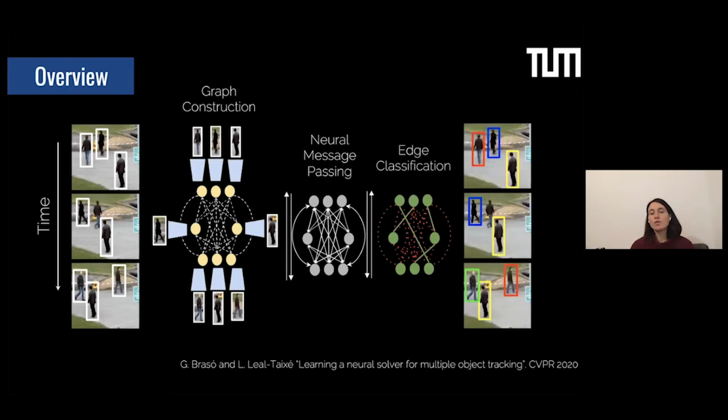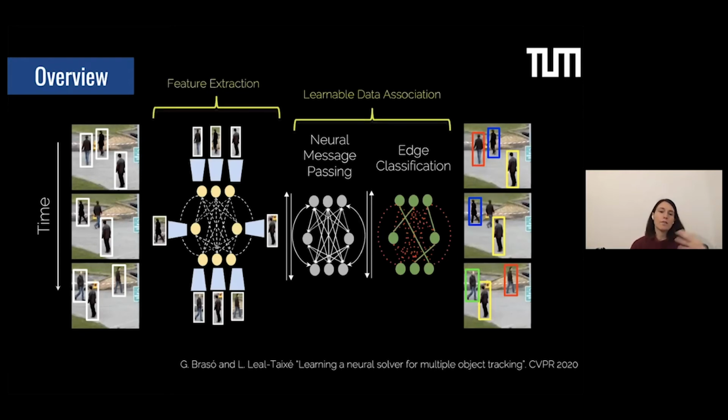And finally, we're going to have a classification problem, an edge classification. So which edges are active, which means that when an edge is active, the two nodes that it connects belong to the same trajectory, and which edges are not active. So overall, this boils down to a classification problem. We have the feature extraction and a learnable data association. But the cool thing is that we link both problems and we can do backpropagation all the way through these steps. So we can basically learn to perform the best feature extraction for our edge classification problem.